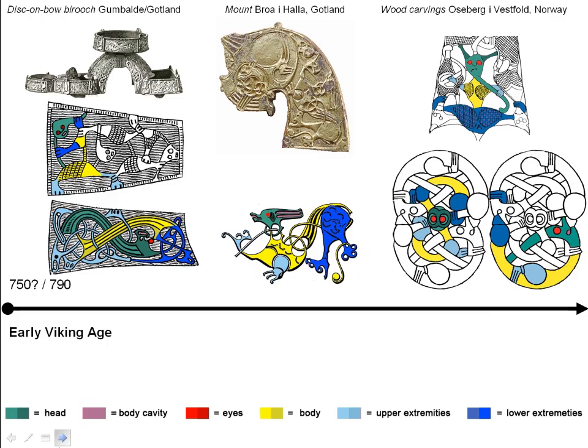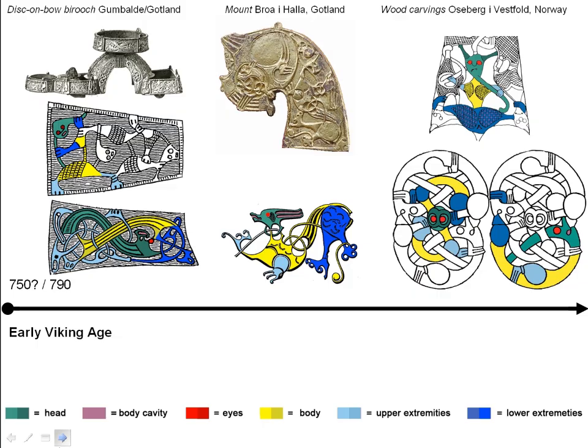But then at the extreme left in the middle, there is also a new type of beast that nobody could place in any known tradition outside of Scandinavia, or for that matter, into a tradition predating the Viking Age, and that is the so-called gripping beast.